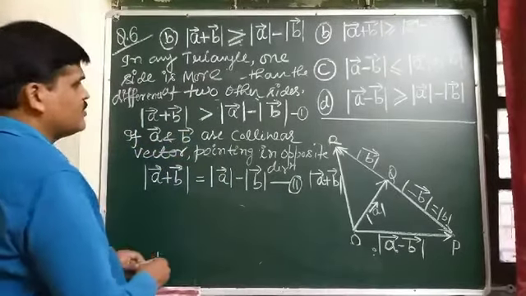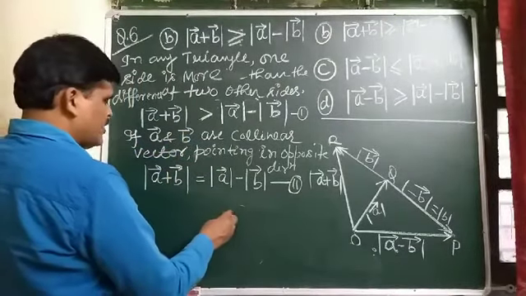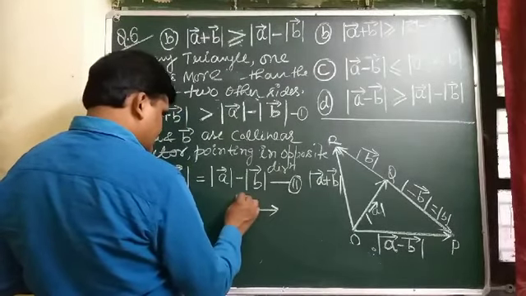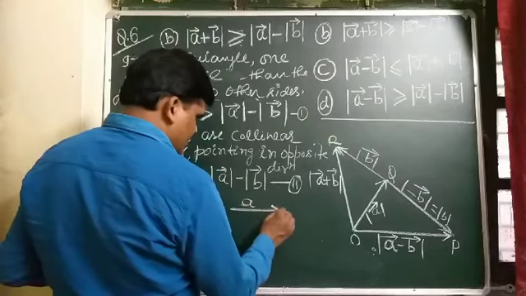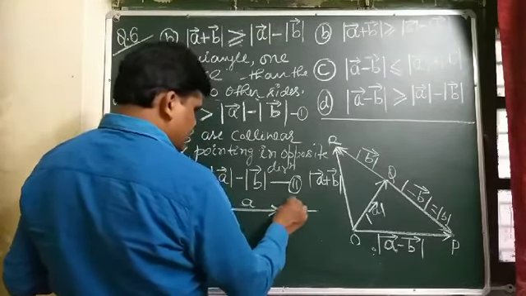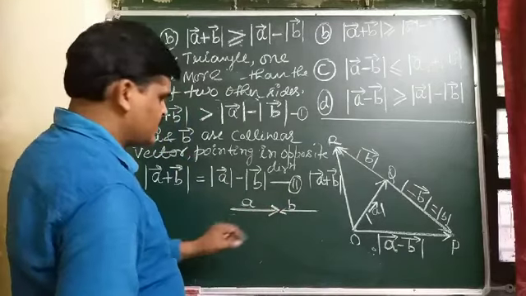And student, again we use an example. Vector A is along the positive x-axis, and vector B is along the negative x-axis.